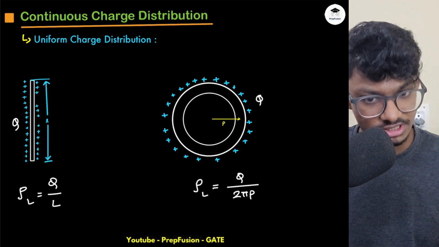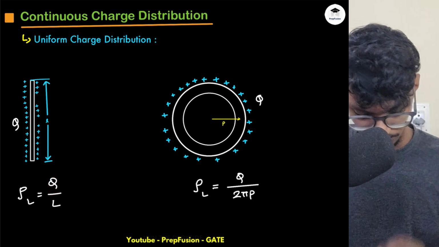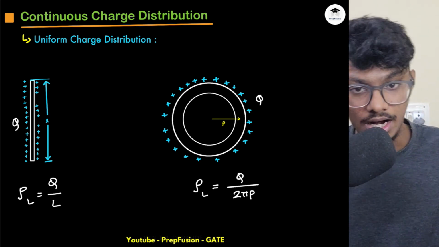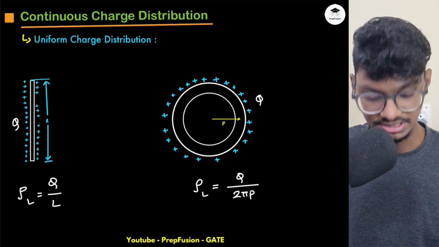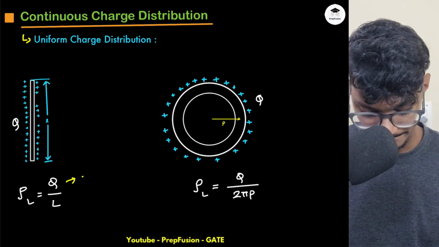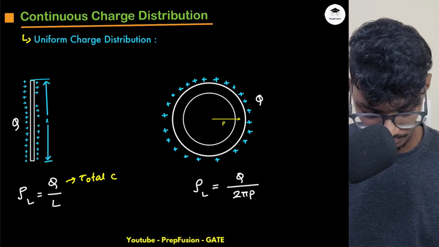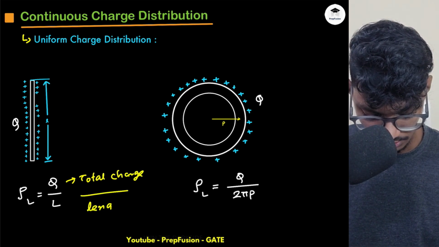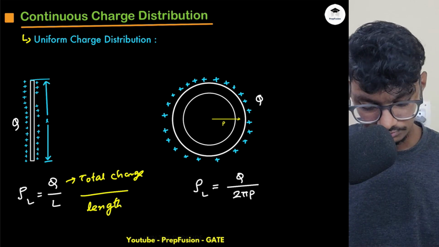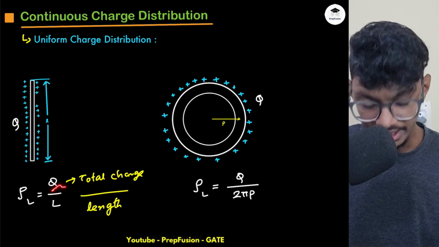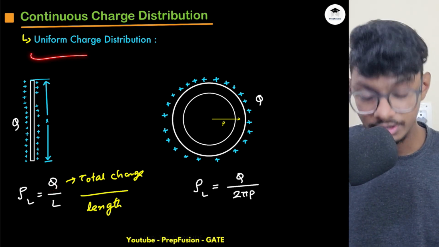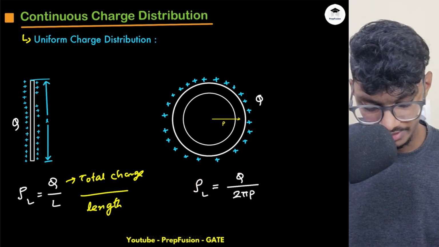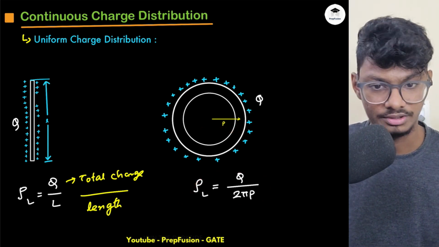So I can simply divide the total charge by its length, and I will get back my line charge density. That is how I get the line charge density for uniform charge distribution. Rho L will also be q by 2 pi r, where the radius is rho, or you can write it as r as well.